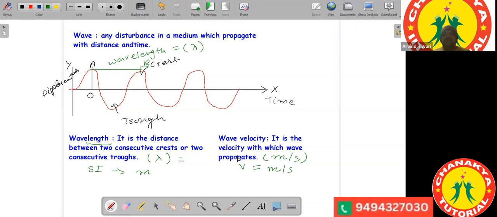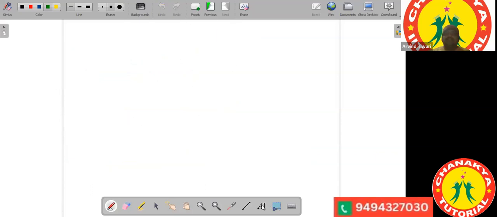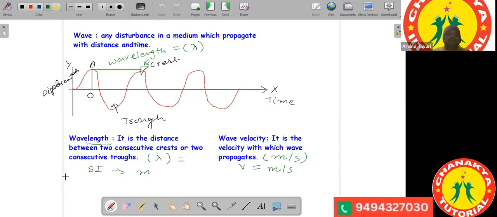Now let's see some relationships. A very important relationship from this chapter is the relationship between wavelength, wave velocity, and wave frequency. These are some of the technical terms that you should know. I'm writing the relationship here.